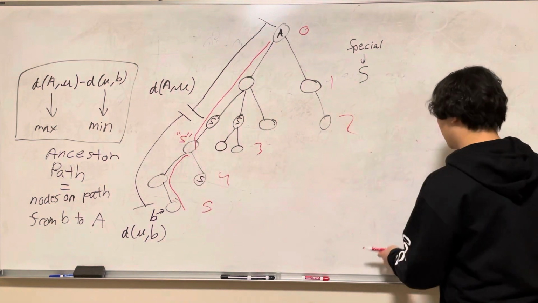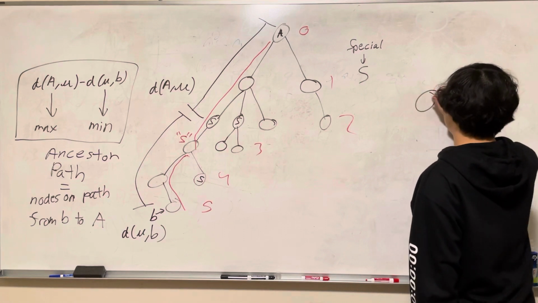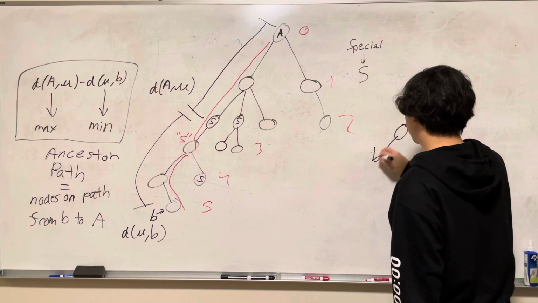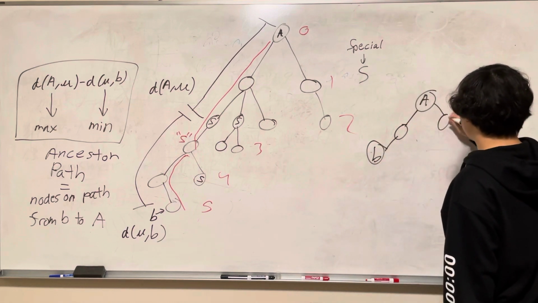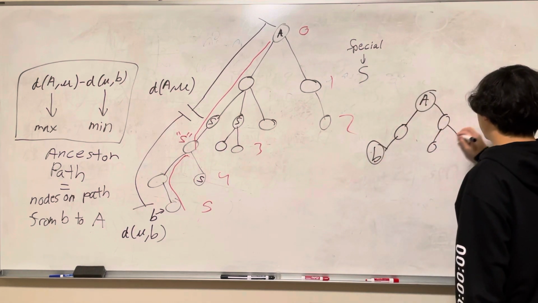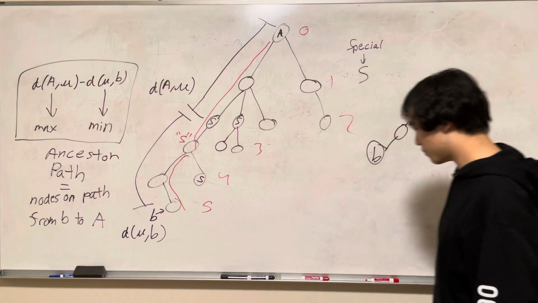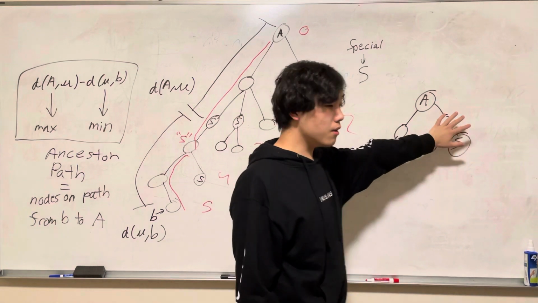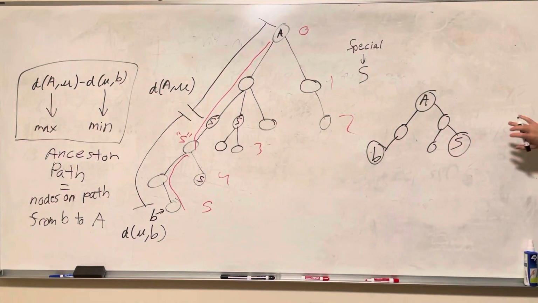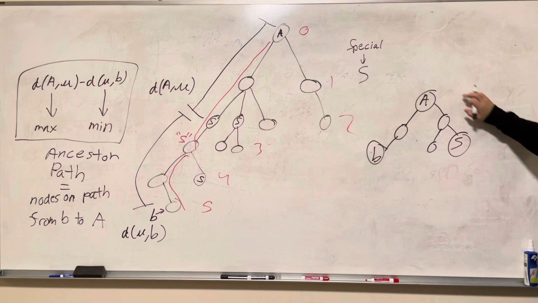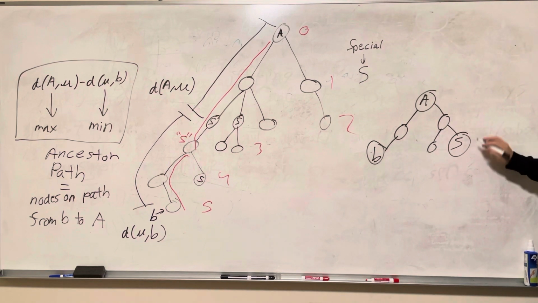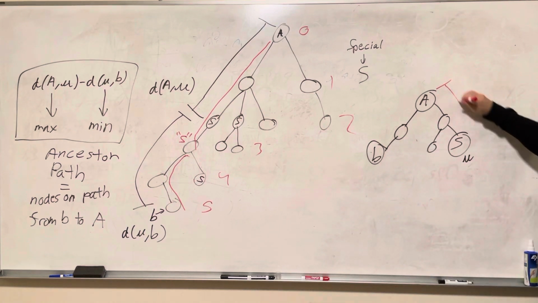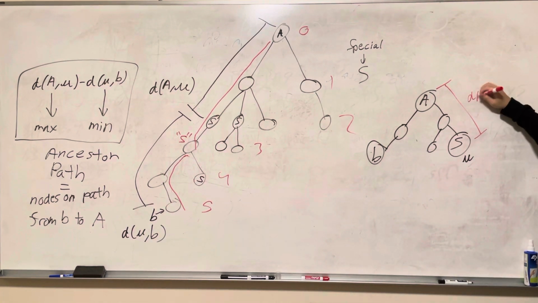So in other words, it would look something like, if this was A, and a random node over here, and this was B, we would have a special node right here. So if we have a special node that's on a completely different subtree, the distance from A to U, so this is S, we'll just label it as U, is going to be this distance over here, right? So D of A to U.